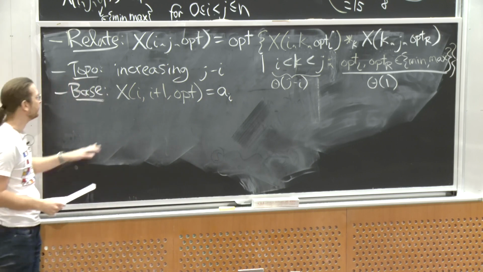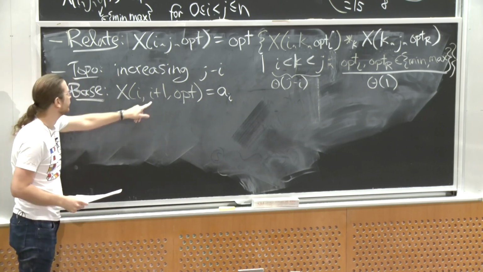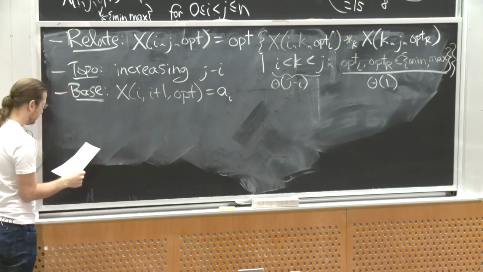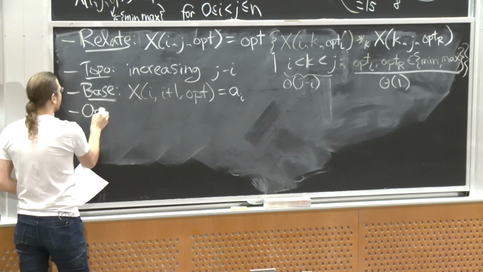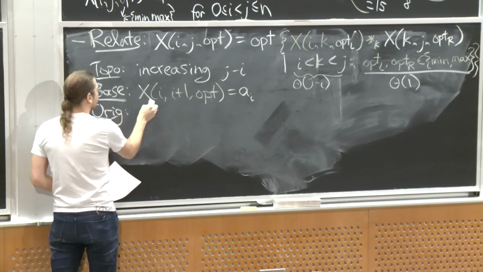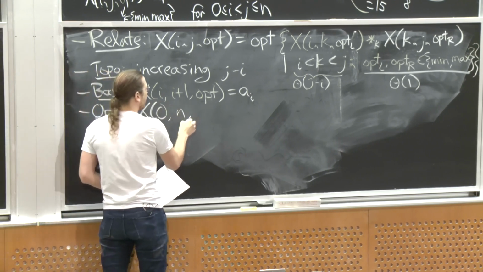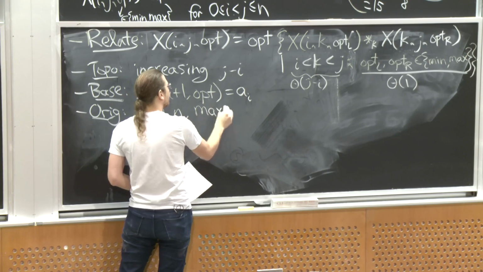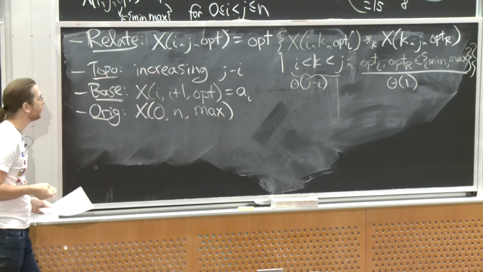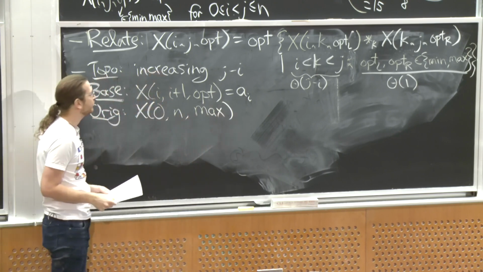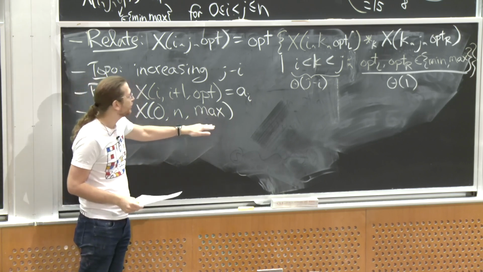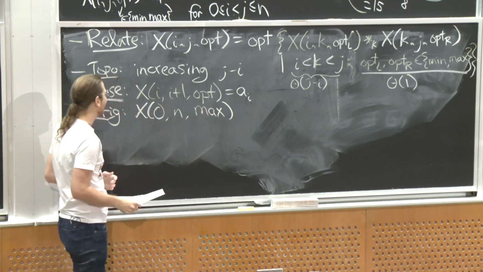You just have a single number in that substring, because we're exclusive on i plus 1. Okay, and then the original problem we want to solve is x of 0, n, max. You could also solve min and see how small you can get it. So if you wanted to maximize the absolute value, you could solve the max problem and the min problem and take the largest of those 2 options.